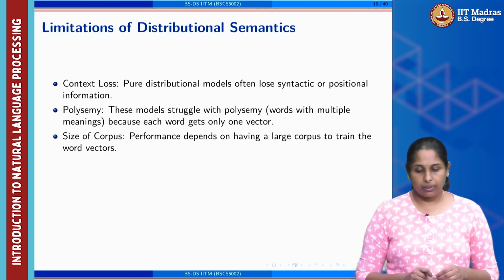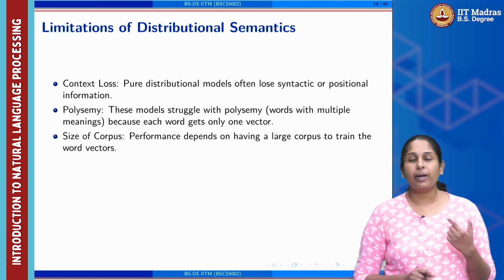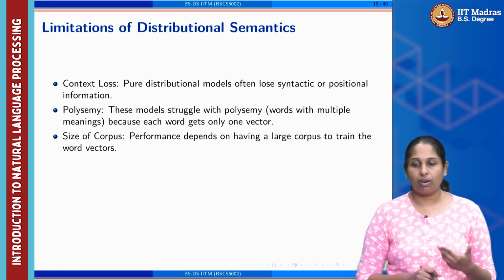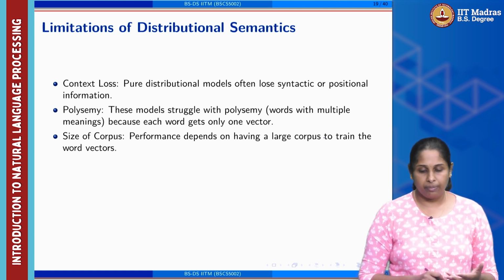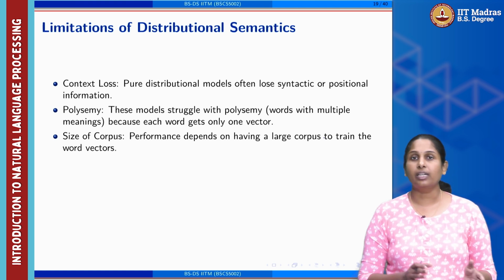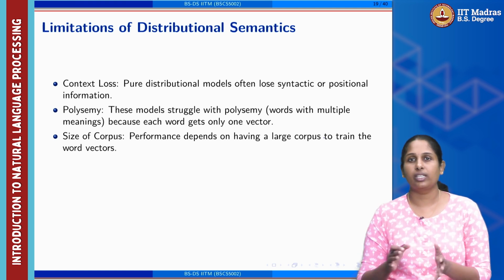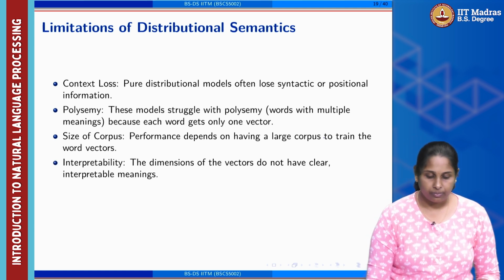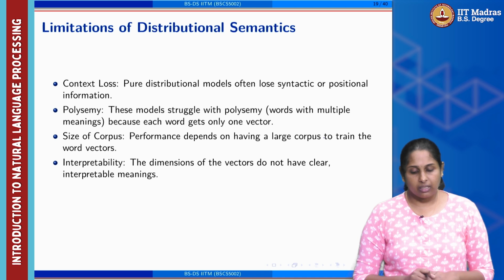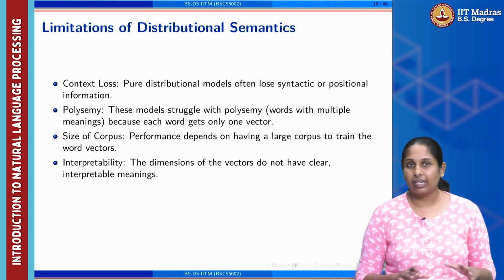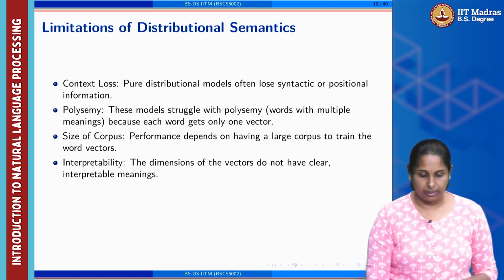And size of corpus is another important factor, because the quality of the vector is dependent on a large corpus, which helps us get quality word vectors. And interpretability: the dimensions of the vectors do not have a clear, interpretable meaning.